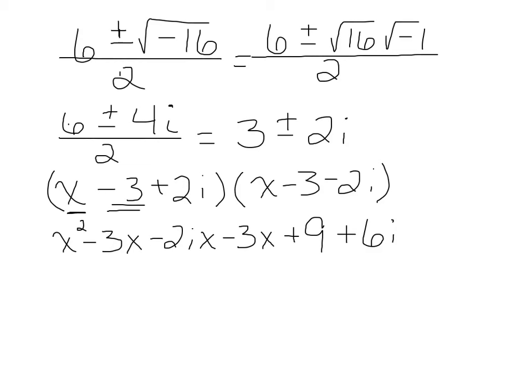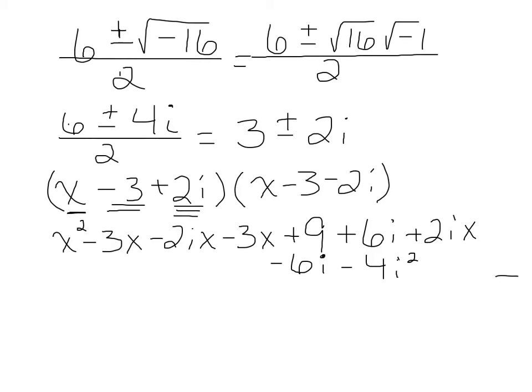And then I would multiply everything in the second factor by 2i. So I would end up with a positive 2ix, a negative 6i, and a negative 4i squared.